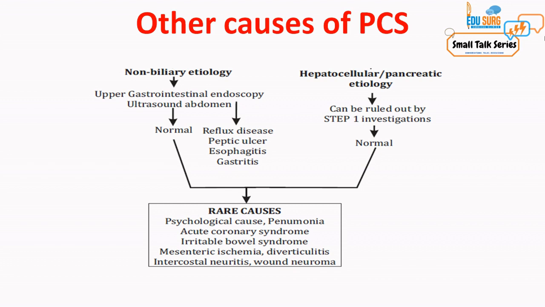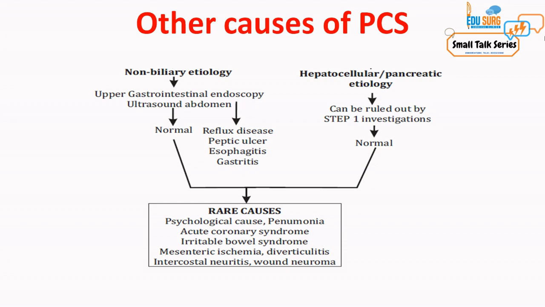Once you have worked out all these causes, including biliary injury, which we will see next, then you go into rare causes of post-cholecystectomy syndrome, which can have psychological or psychiatric basis, or you can have rare conditions such as irritable bowel syndrome or mesenteric ischemia, diverticulitis, intercostal neuritis, or wound neuromas.